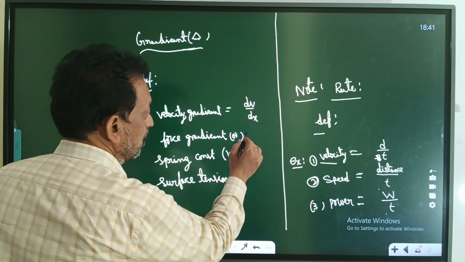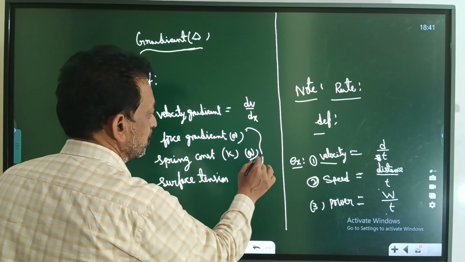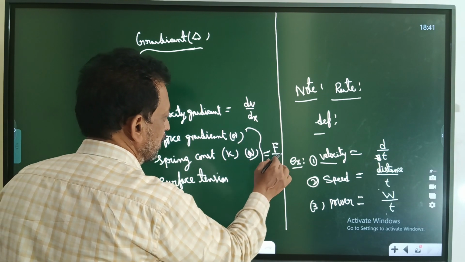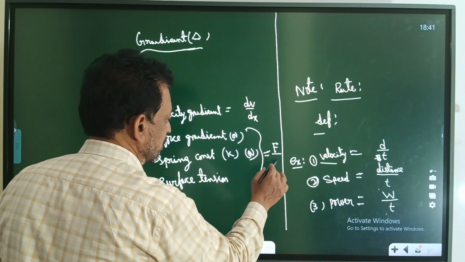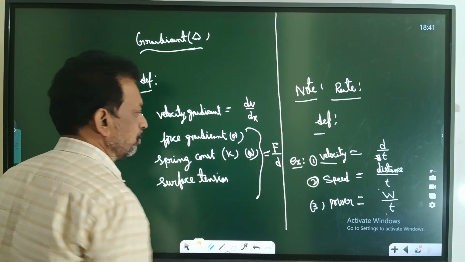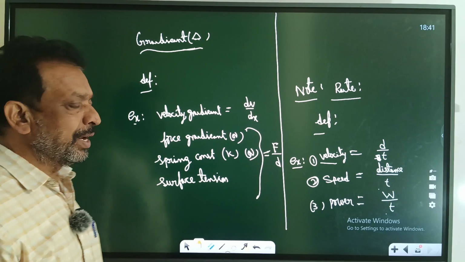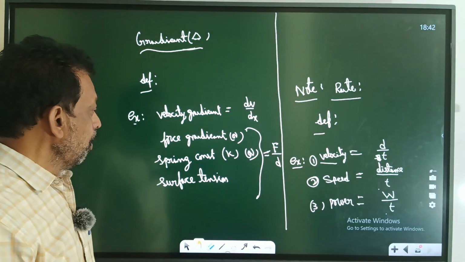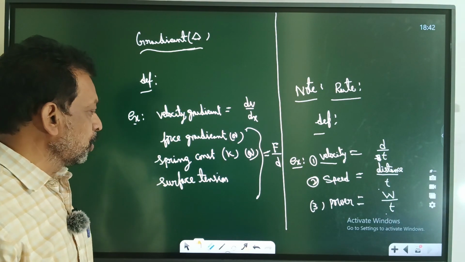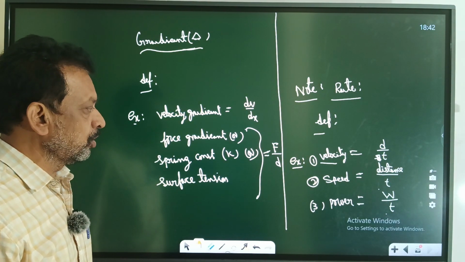Generally all of these are force by length, or force by distance. So force by length, or force by distance, is the force gradient, spring constant, surface tension. Okay, now understood all.